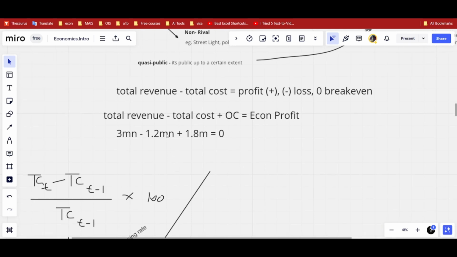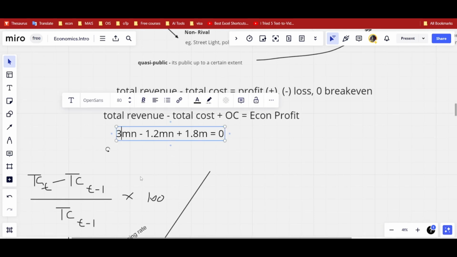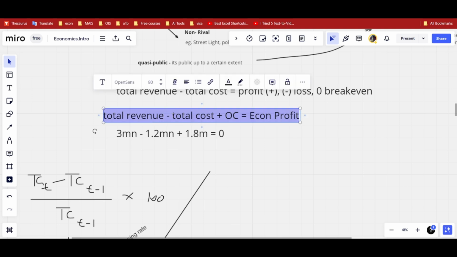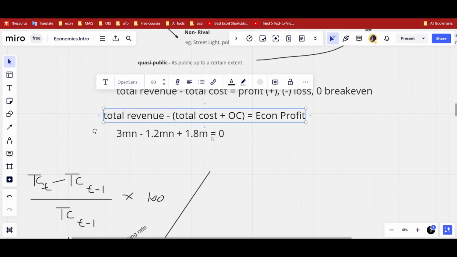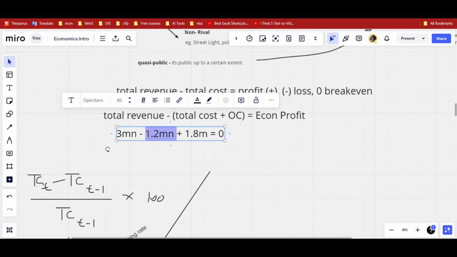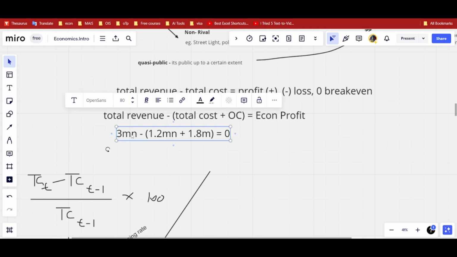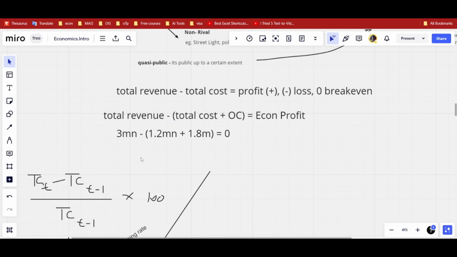If we look at an example, the total money that you made is basically, I should probably have put this in brackets to make it make more sense. When I was teaching it the first time, I was typing it directly, so it made sense then. So what are we saying? Your total revenue is 3 million, right?